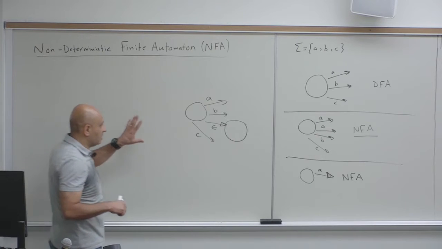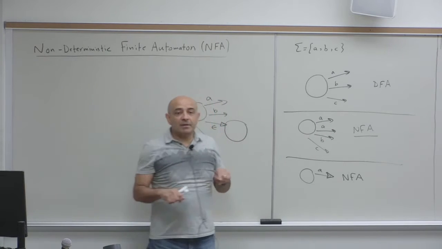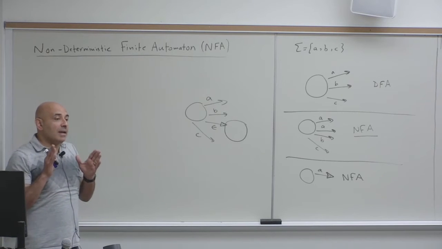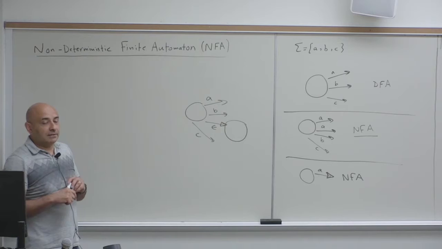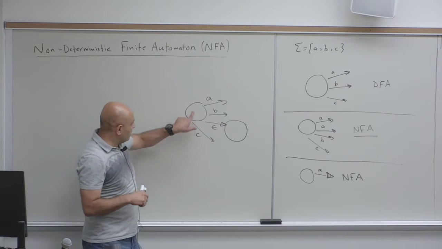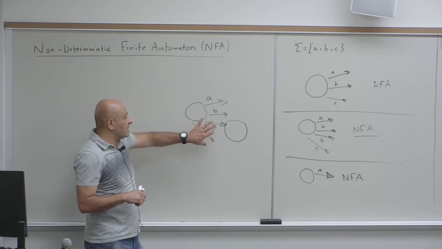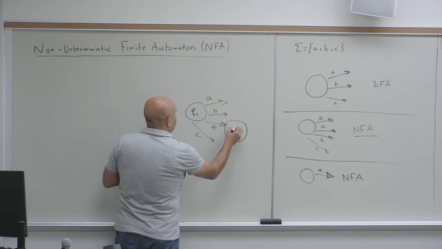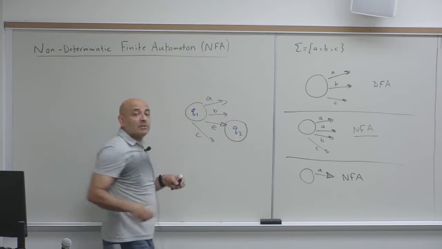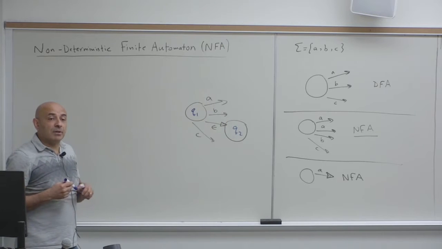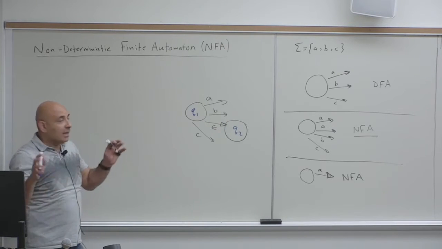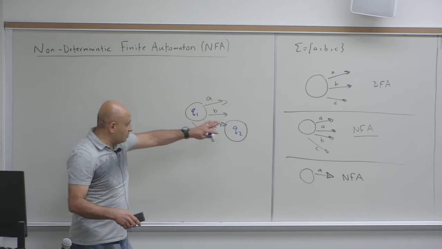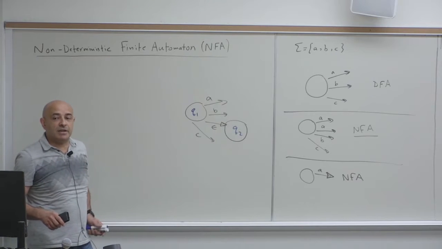In fact, most of the lecture will be spent going in detail through an example, tracing how an NFA can process a string. And this has an epsilon transition, so it has the option of transitioning from state Q1 to state Q2 without seeing any symbol in the input. Okay, now let's get to the example. For now, just make sure that you understand this definition of an NFA.